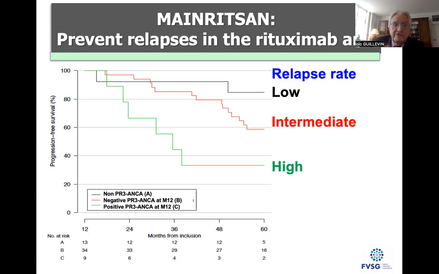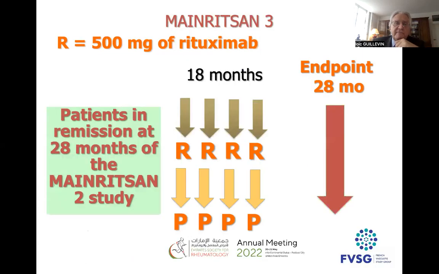Maybe they are also without any ANCA. And in between, you have the group which was anti-PR3 positive initially, but they lost their antibody under treatment. And they have an intermediate risk of relapse. And maybe that the future trials will really concentrate on these groups of relapses, and we will select the population of patients who need a treatment.